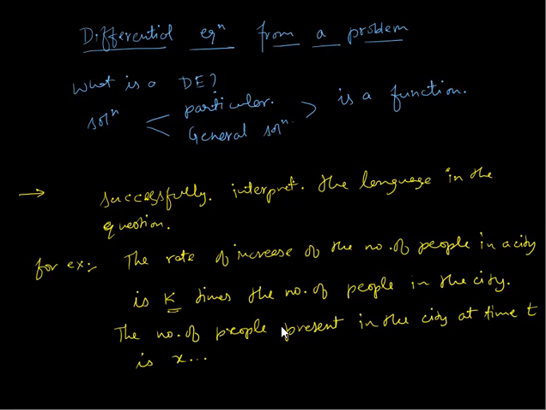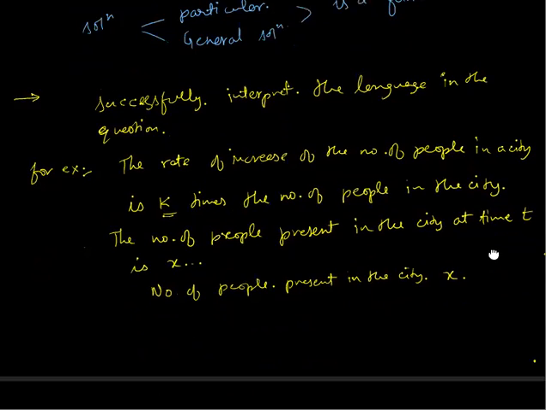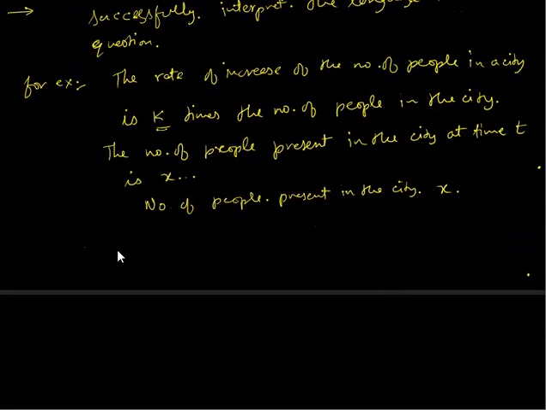So the number of people present in the city, if I replace it by x, then we can say, therefore, the rate of increase of x is k times x, isn't it? Let's see again.